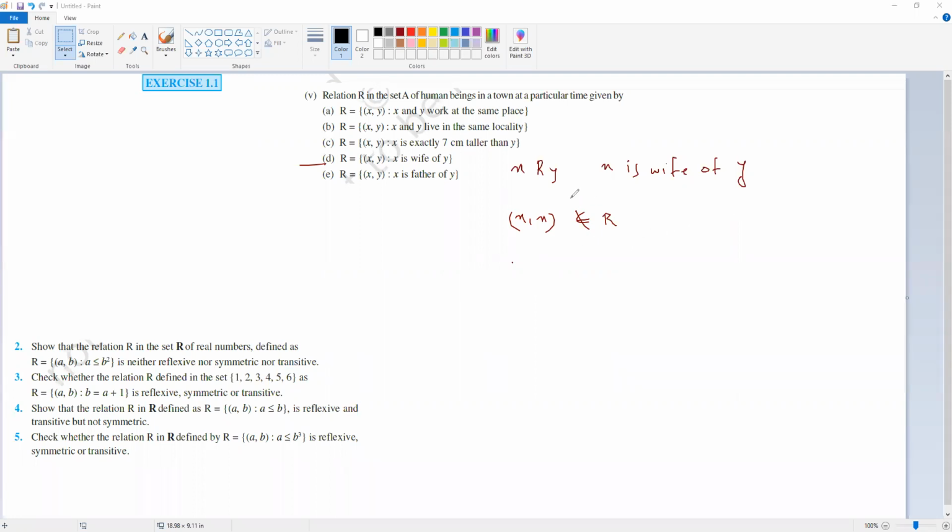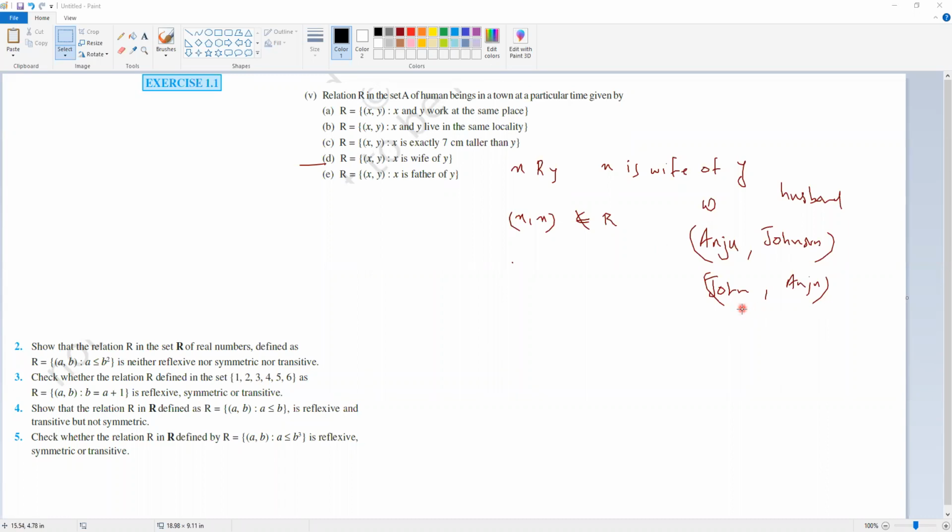x is related to y मतलब x is wife of y, then y related to x मतलब y is wife of x. ऐसे होते हैं क्या? देखो, Anju related to Johnson, because Anju is wife of Johnson, but Johnson is wife of Anju, ऐसे आते हैं क्या?